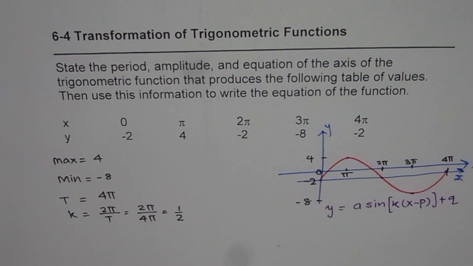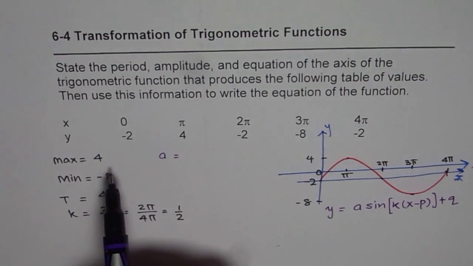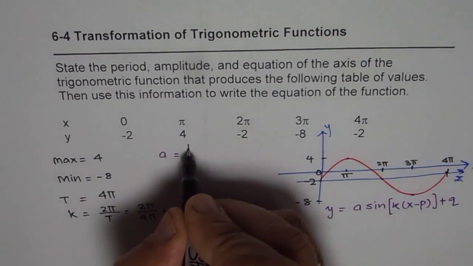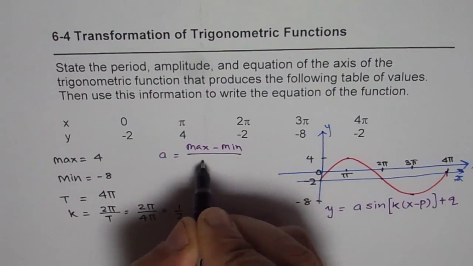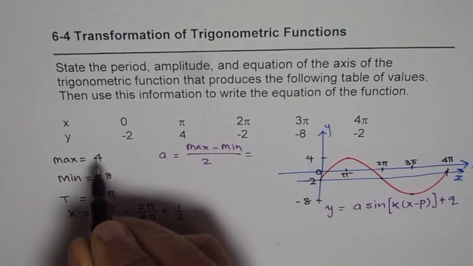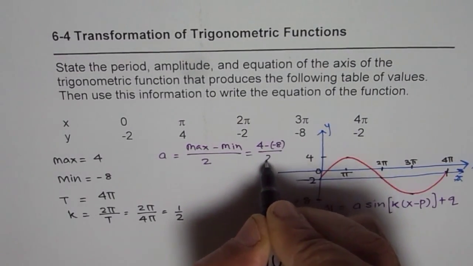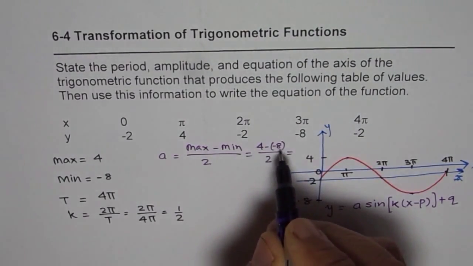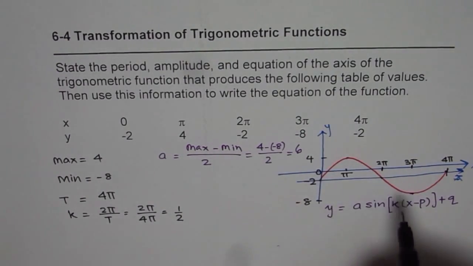To find the amplitude, we take the difference of maximum and minimum and divide by 2. So amplitude is maximum minus minimum divided by 2. In this case it is 4 minus minus 8, which is 12, divided by 2, which is 6. So the amplitude is 6.